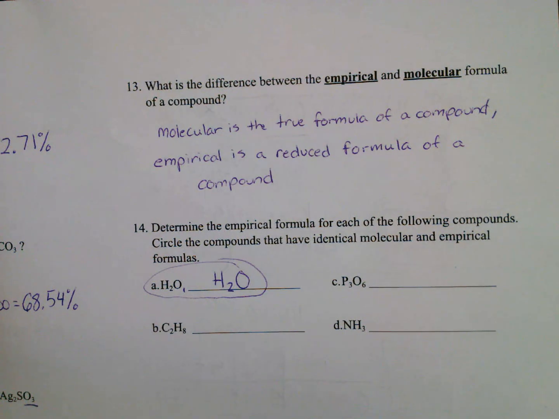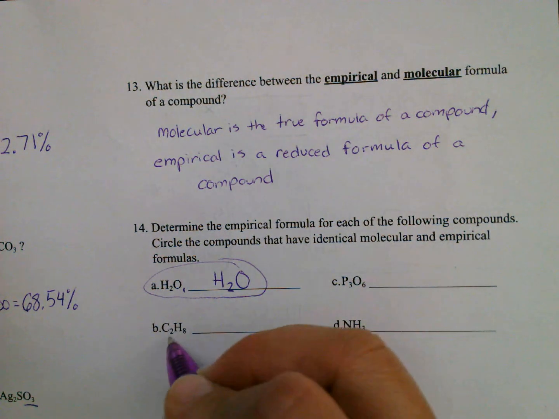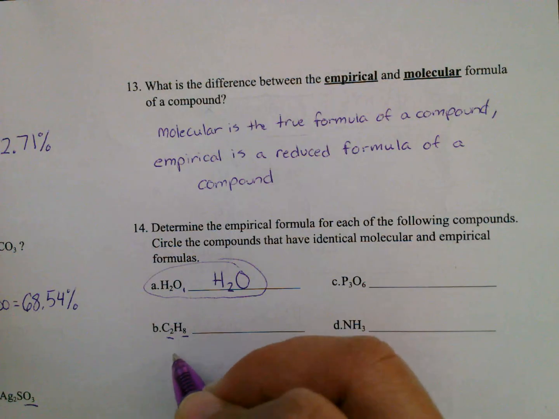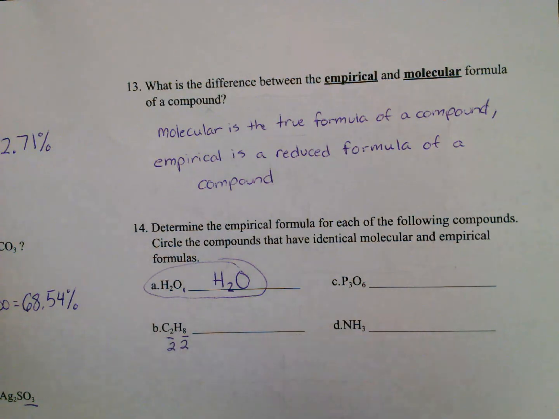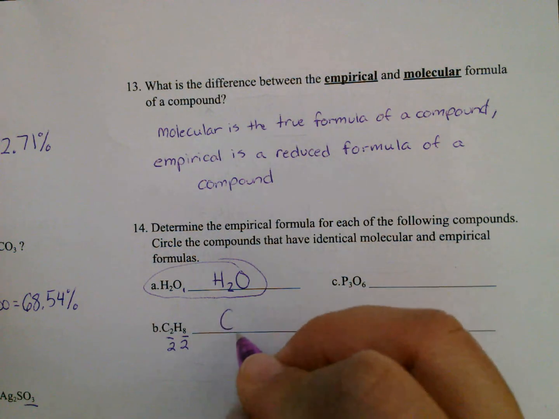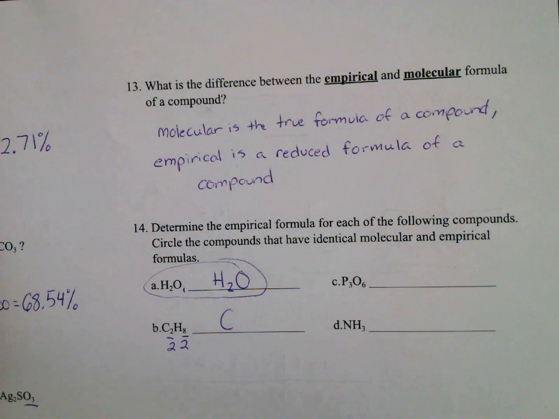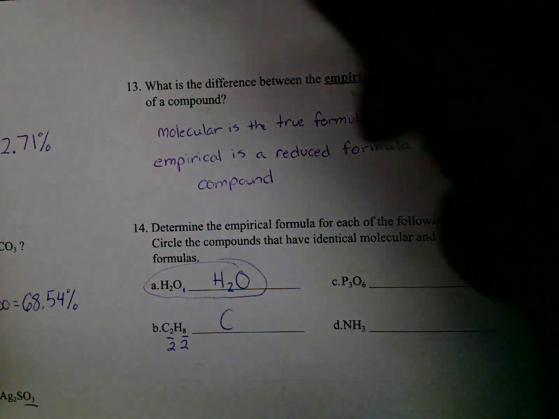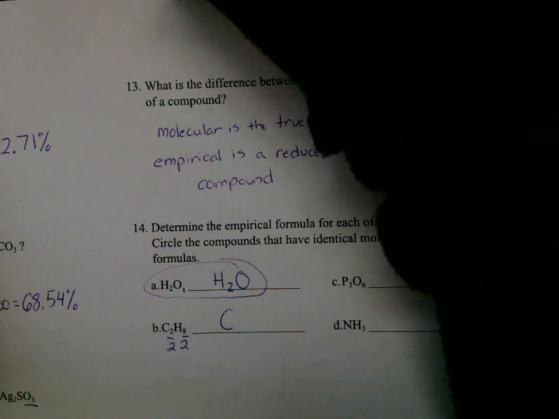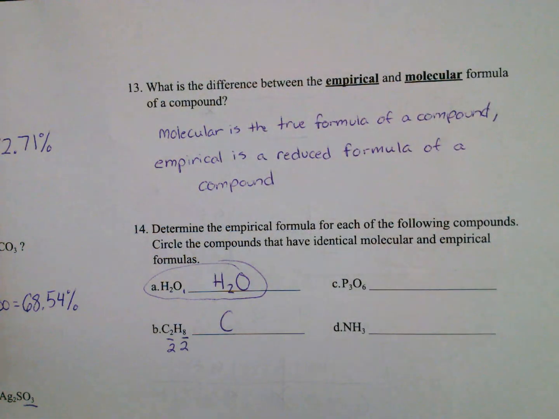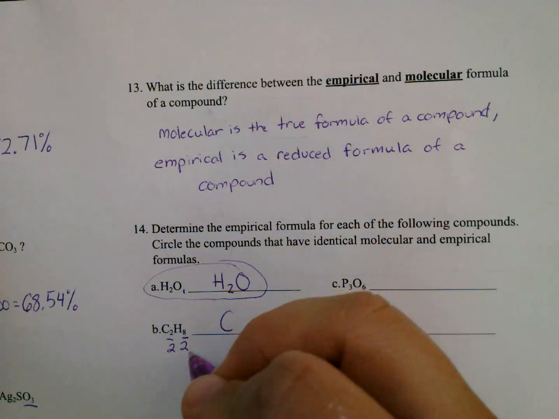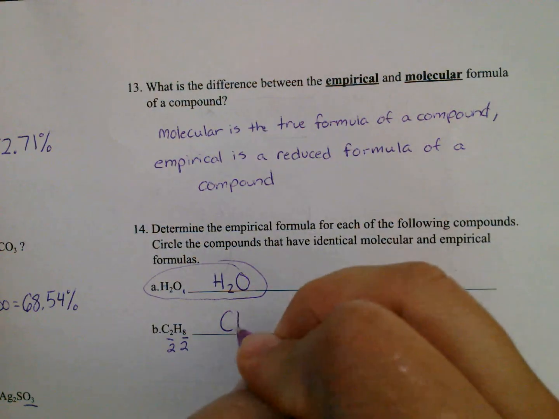For B, carbon has 2 and hydrogen has 8. Both of these can be divided by 2. So that means carbon will not have a number because remember, chemists don't like writing ones. And then hydrogen, 8 divided by 2 is 4.